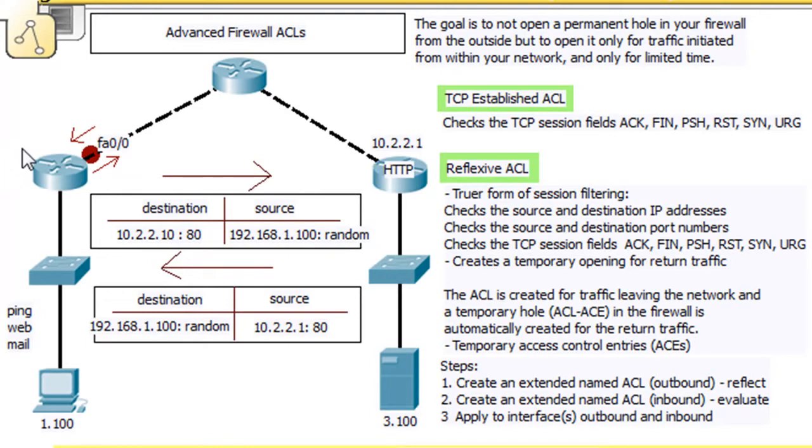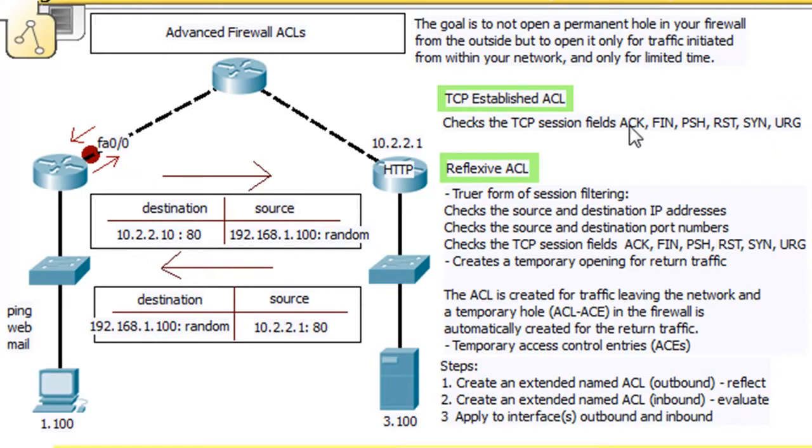So what we can do is set up a reflexive ACL. A reflexive ACL is a little bit better than a TCP established ACL. A TCP established ACL is good because it checks to see if the traffic has been initiated from within the network, and it does that by checking TCP session fields, like an ACK bit, a reset bit, or a SYN bit.